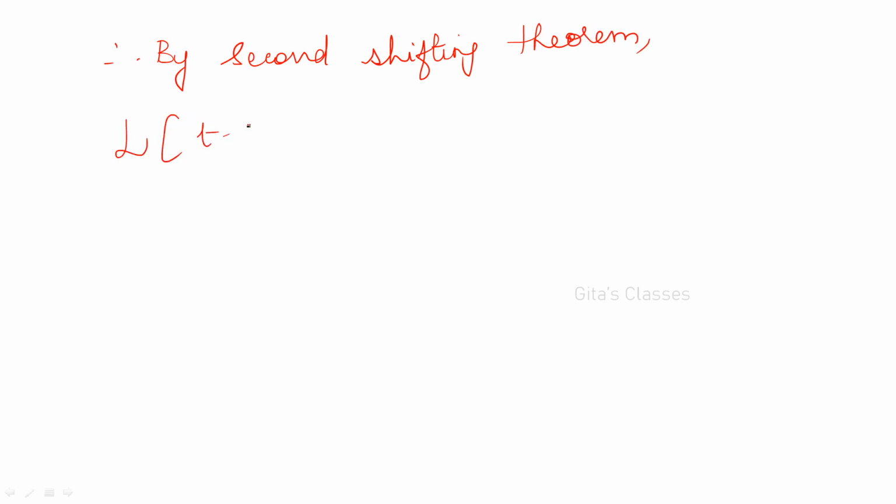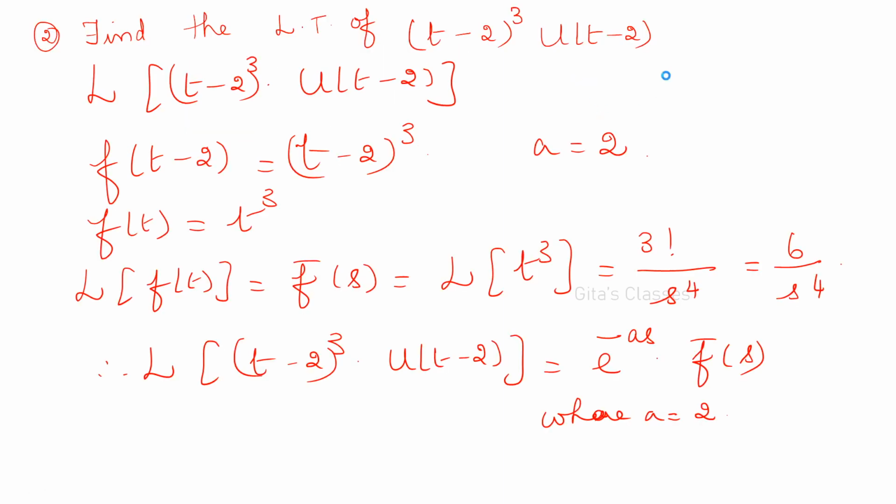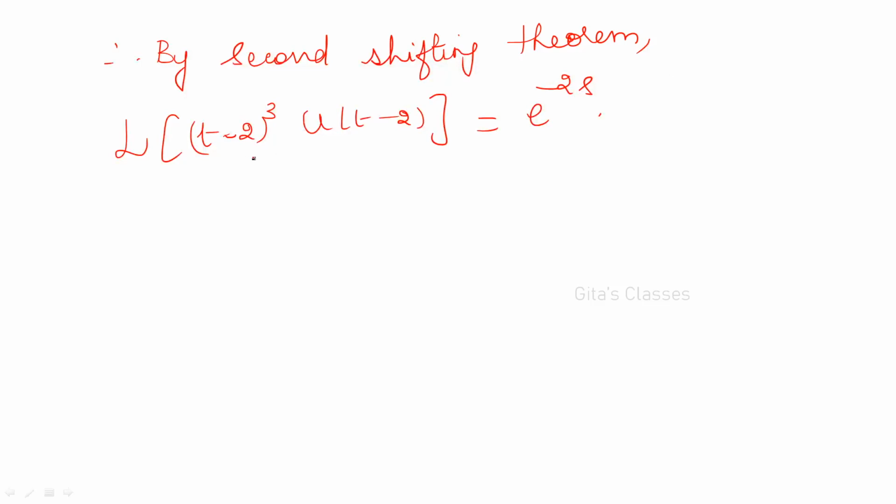Therefore, by second shifting theorem, we get L of t minus 2 the whole cube into u of t minus 2 is equal to e power minus as, so e power minus 2s into 6 by s power 4. 6 by s power 4 is the answer.